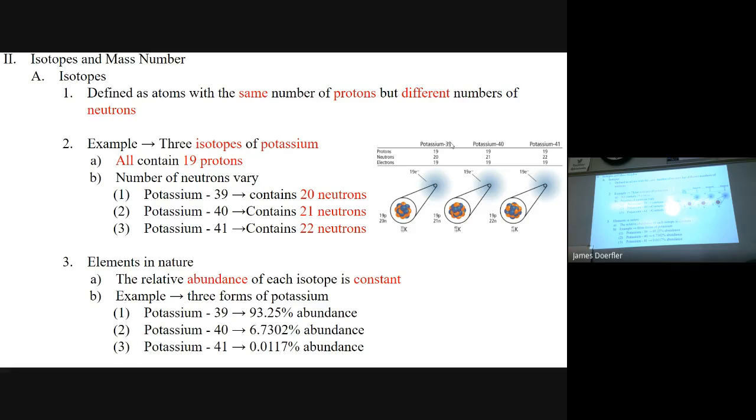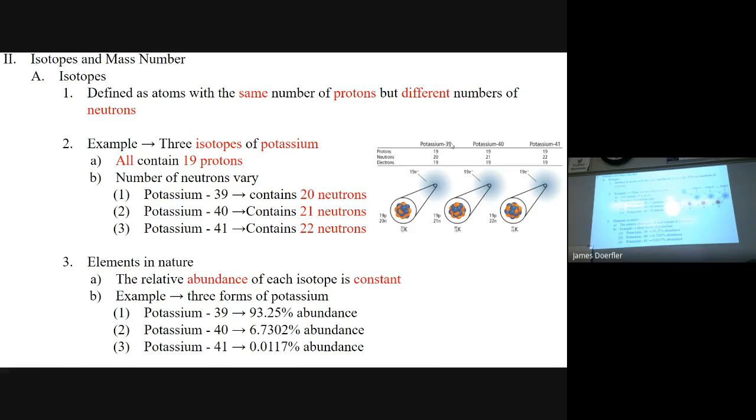Now, take a stab at this. If you were to add those three percentages up, what do you think you'd get? 100%. Yeah, it's 100%. So these three isotopes make up 100% of all known potassium mass in the universe, as far as we know.